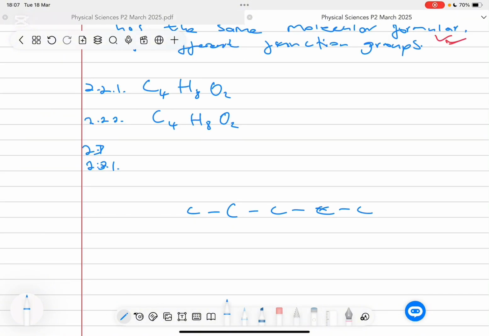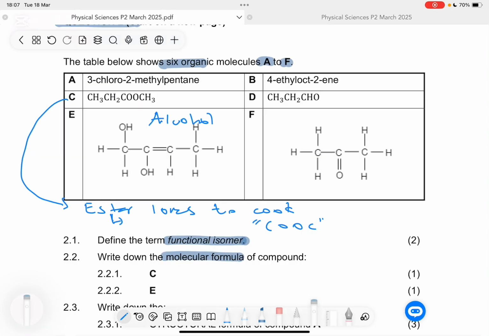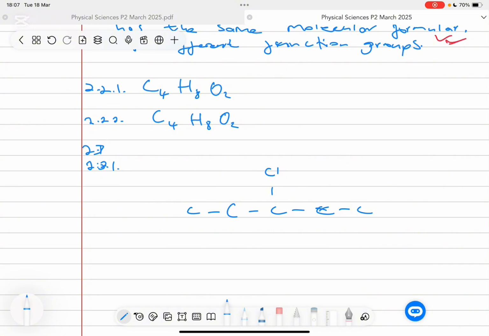That means if I count my carbons from this side, I say this is 1, 2, and 3. Here on carbon 3, we have the halogen chlorine, and at carbon 2 we have a methyl group. That means my carbon 2 would be here, since I'm counting 1, 2, 3 from left to right.